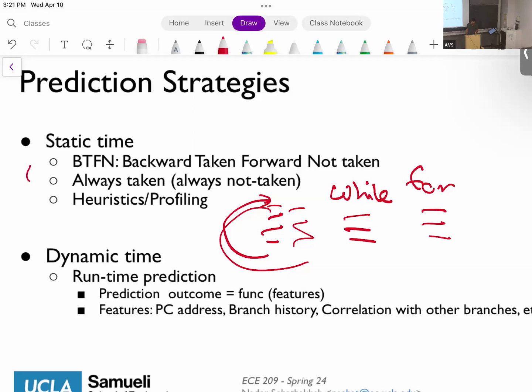Another thing, as I said, you can do always taken or always not taken, because I think more than 50% are taken branches in general. So if you go by taken, you're better than just random prediction. And then you can also do heuristics or profiling. You can run your program one time and see what the behavior is. Then you can save this somewhere, and the next time you run it, you use what we call predicates.